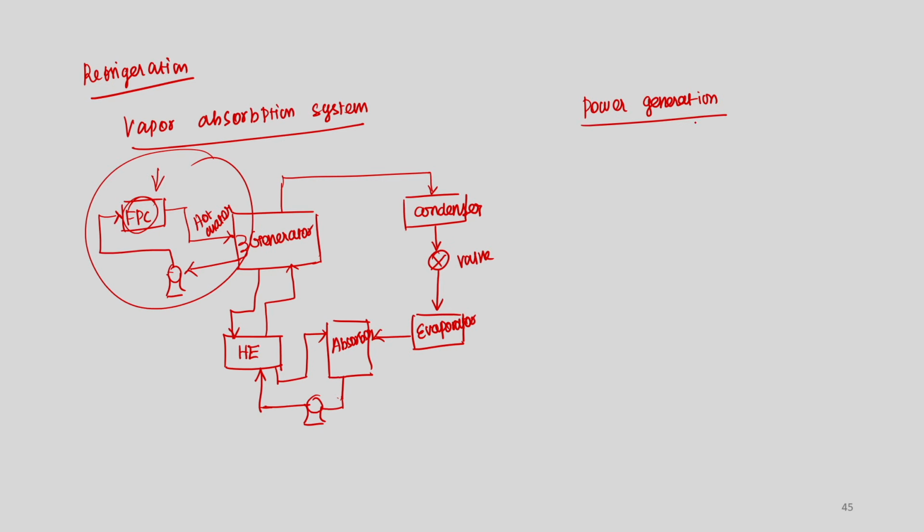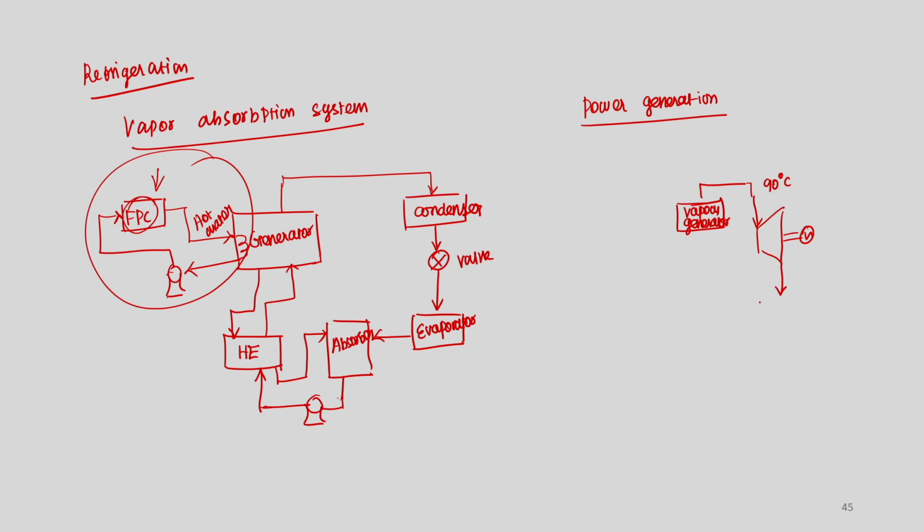In power generation, you would have a turbine, from which you take electricity. Here you would require the vapor, which comes from the vapor generator, for example at 90 degrees centigrade.